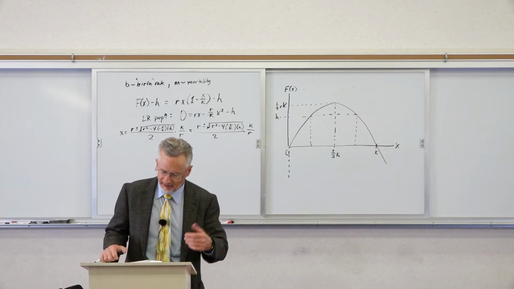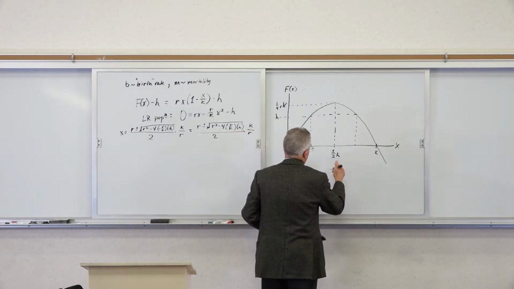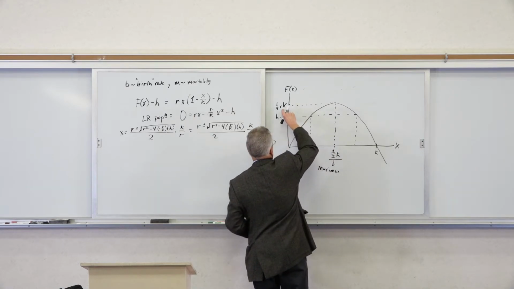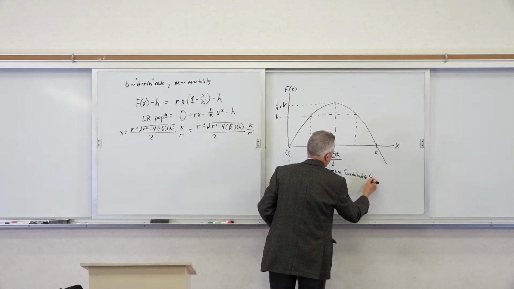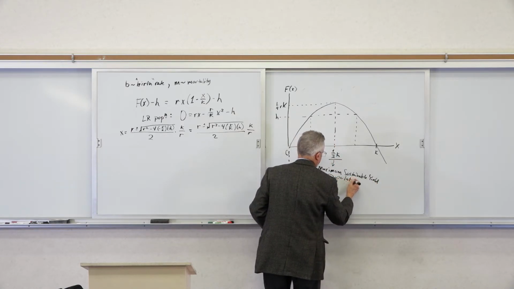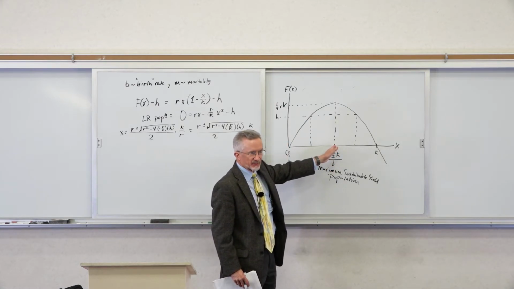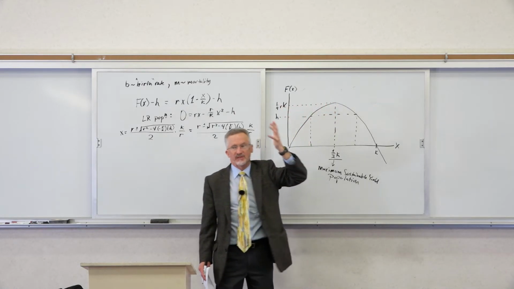Great. So let me analyze all this. What do we call this point right here? That's the maximum sustainable yield. That is to say, if we harvest until we have this population, we can continue to harvest that in perpetuity.